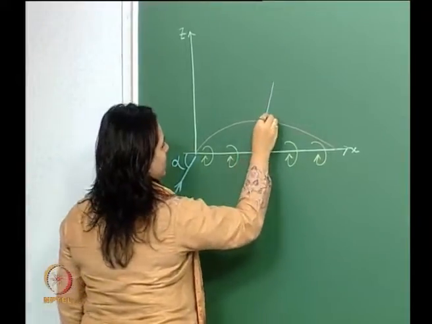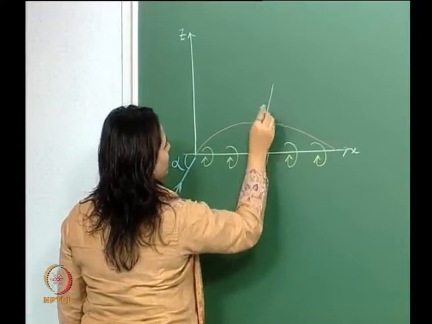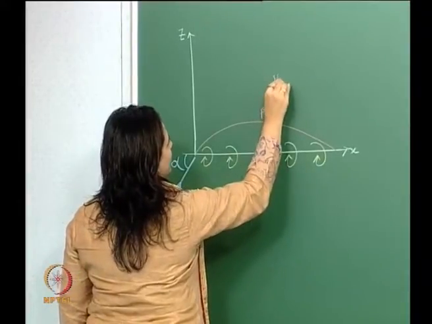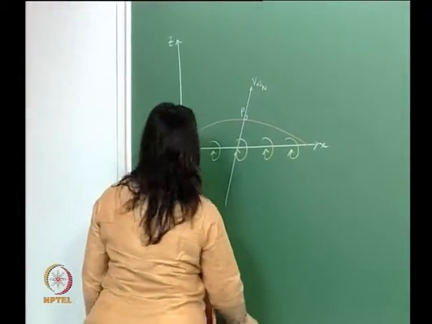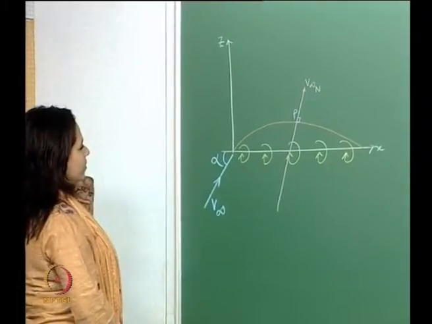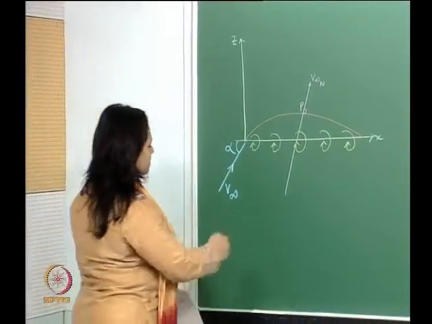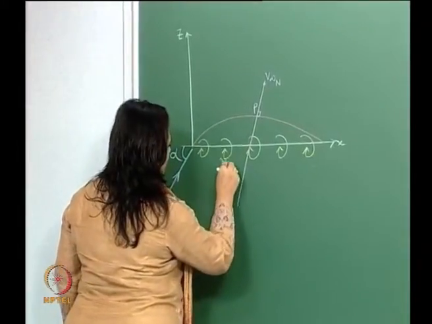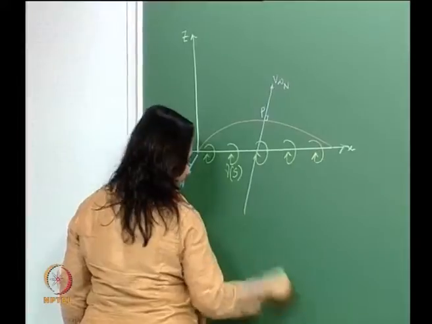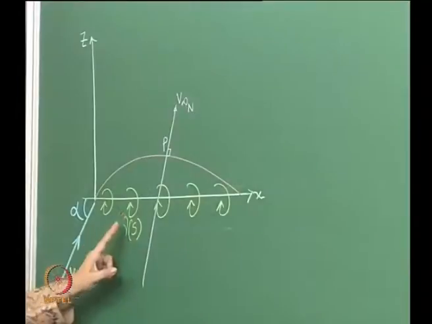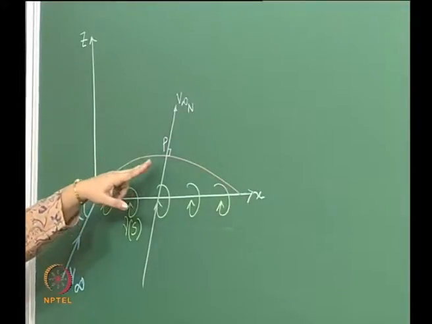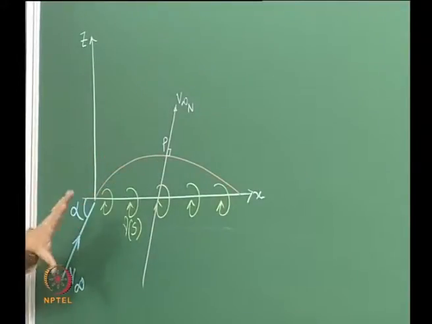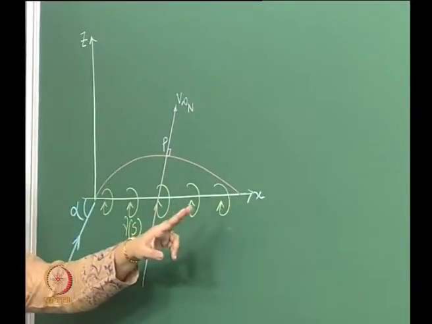Say at this particular point P, so for a thin airfoil, we need to find an expression for this such that we still satisfy the boundary condition on the camber line, and here the camber line is still the streamline.